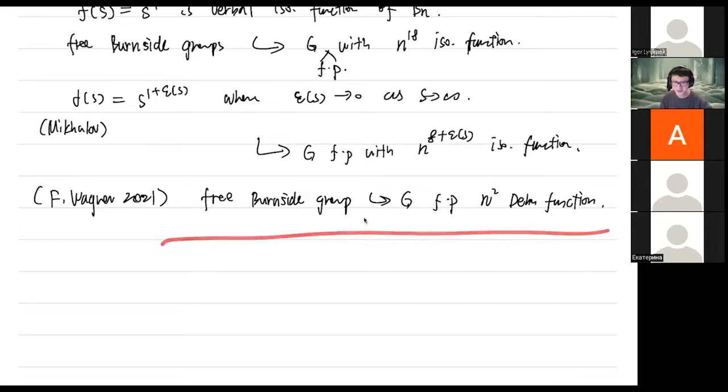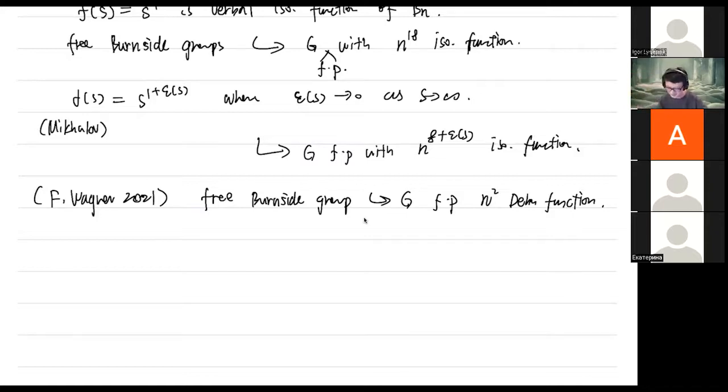There are many results regarding the common properties of groups with quadratic Dehn function.